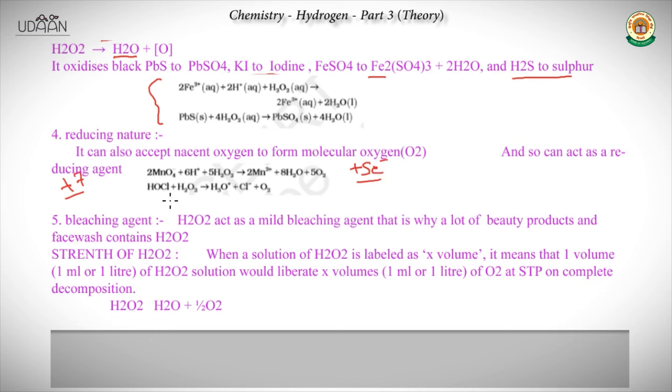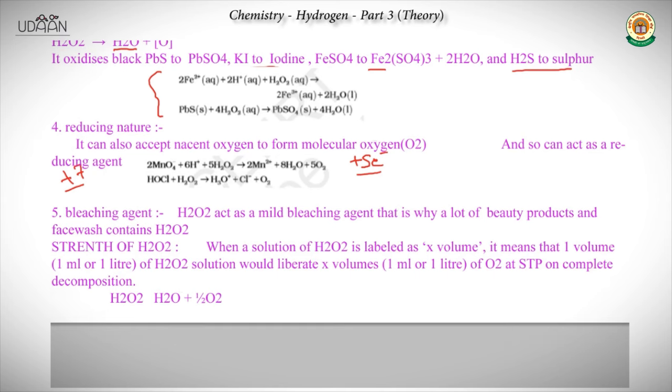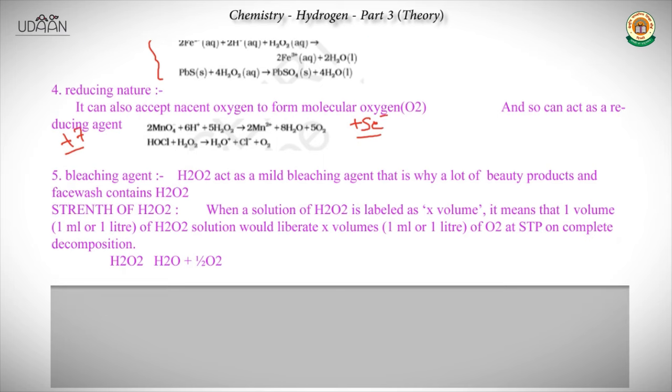And with HOCl, it is also oxidized and produces oxygen. Also in this, chlorine here is in -1, here in +1, and here in -1. That is, it is reduced.